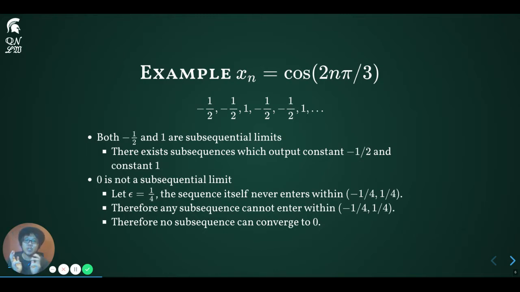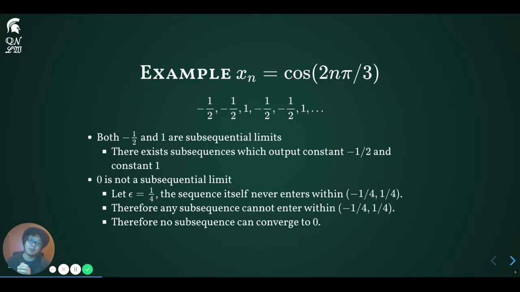So we need to find a general rule in order to prove that a number is not a subsequential limit. So here's the idea, and this is the idea that we will generalize shortly for application to general sequences. For this specific sequence, we can argue by first noticing that there is an open interval around 0 into which the sequence x sub n never enters.